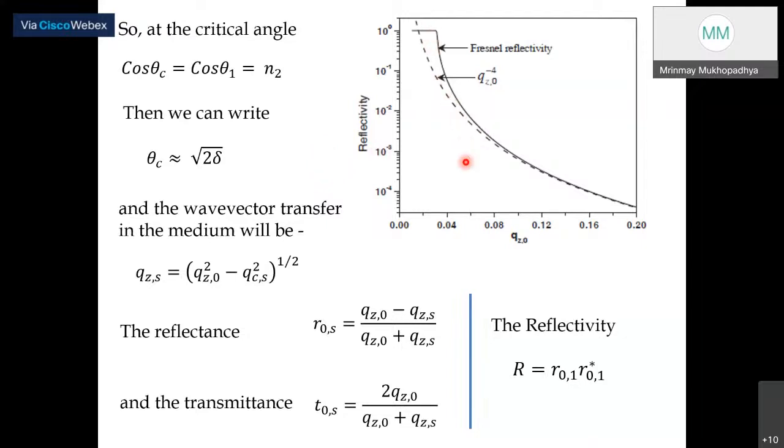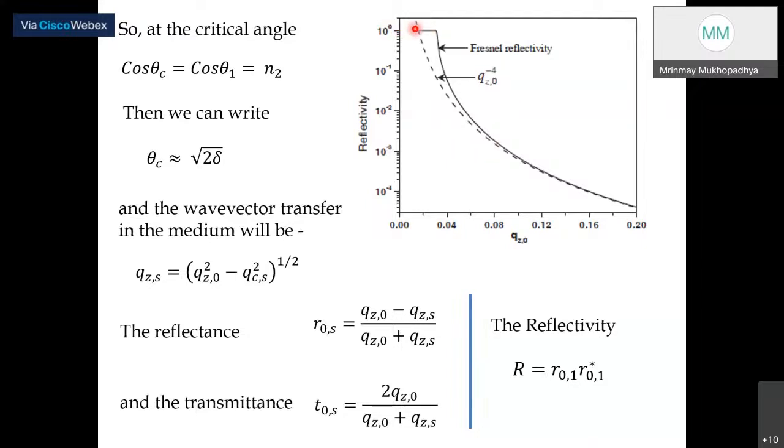When you have total external reflection, the whole incident beam is scattered, so the scattered beam is the same as the incident beam and the ratio will be 1.